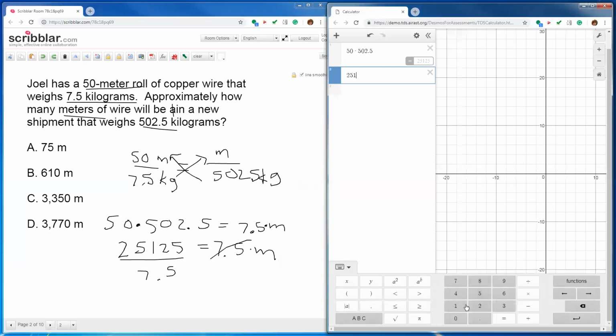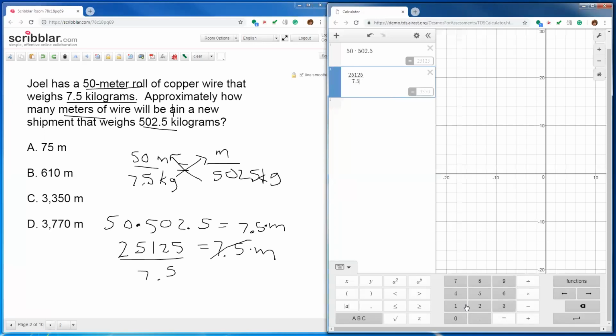So now we type in our new problem, 25,125 divided by 7.5. Oops. And I should not have hit the equals. So notice when I typed in the equals button, it kept it on the bottom of the fraction and screwed everything up. Your calculator will show you need something on both sides of the equal. It'll kind of give you instructions.